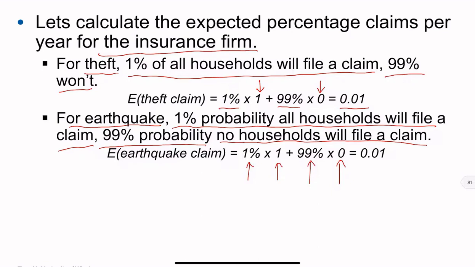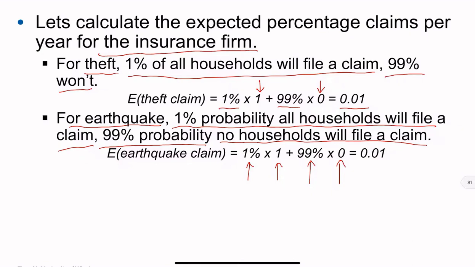So let me summarize. Basically, you can see here that from the perspective of the insurance firm, selling theft policies and selling earthquake policies yield the same expected theft claim, right? But you can see here that expectation is just one aspect of the issue.